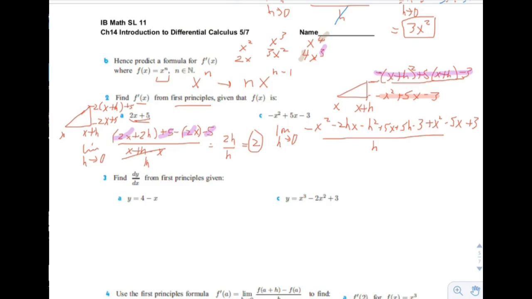And now I'm going to try to find some common terms to cancel out. Negative x squared cancels out with positive x squared. Negative 5x cancels out with positive 5x. And maybe that's the only thing left. Oh, and positive 3 cancels out with negative 3.